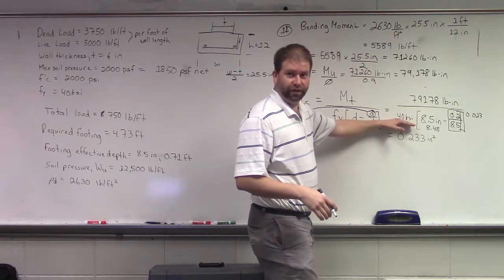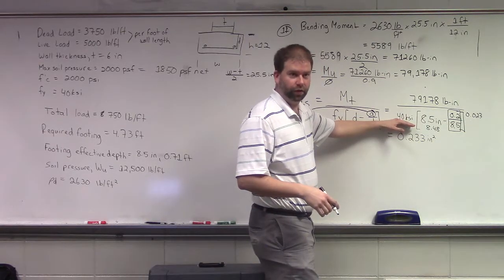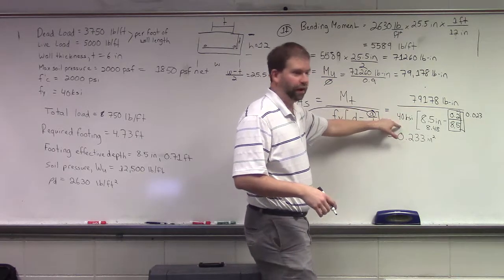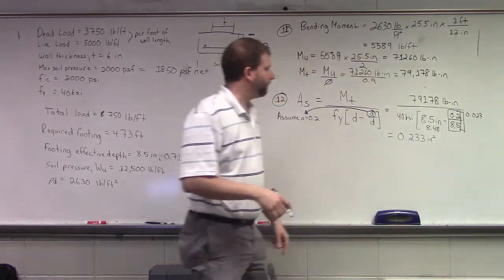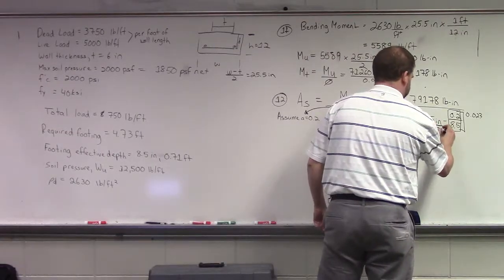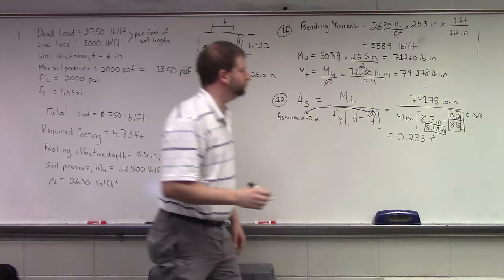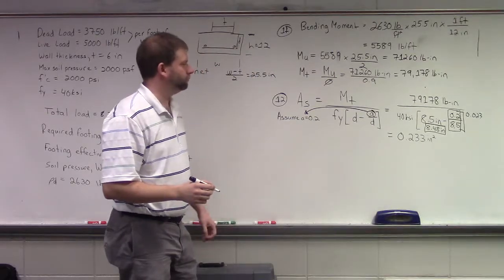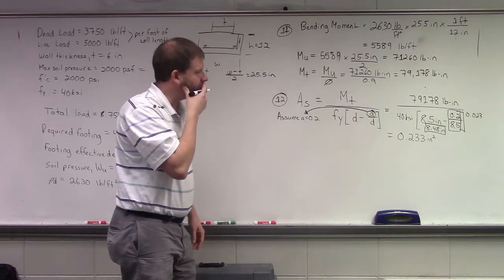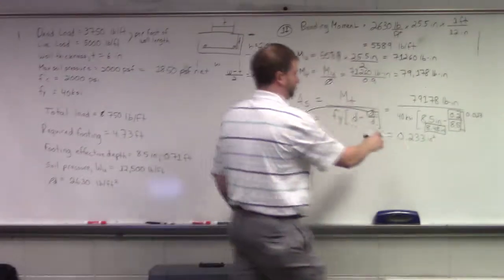And remember, this is in kips, so don't multiply it by 40. If this is in pounds, we have to multiply it by 40,000. That's close, but there are three decimal points off. I had 233.941 for the bottom number.